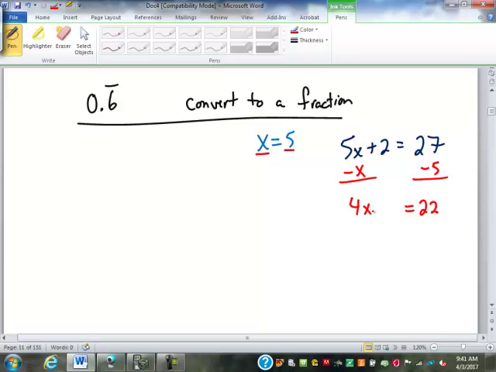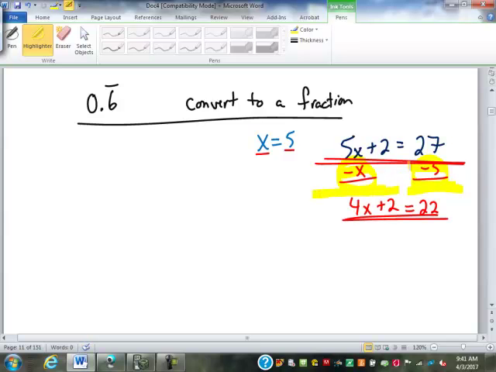So it's now 4x and the plus 2 is still there. Is that still the same equation as we had up here? It is. x is still going to equal 5. So even though it looks like I subtracted different things, because x equals 5, subtracting 5 from one side and x from the other is the same. It's subtracting the same thing from both sides.